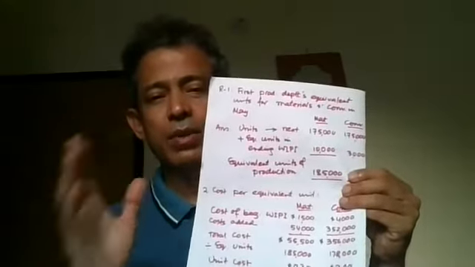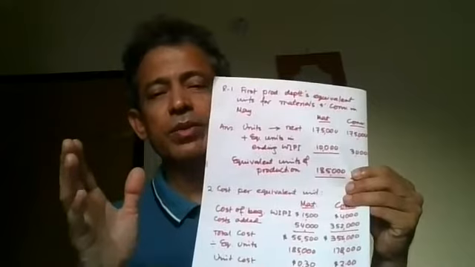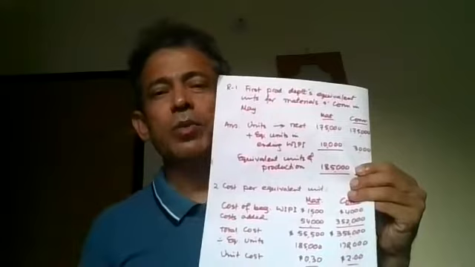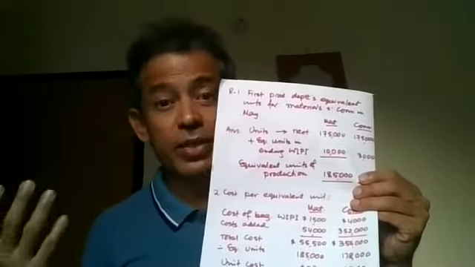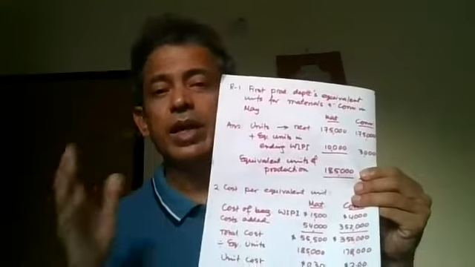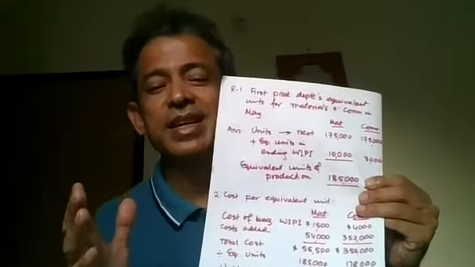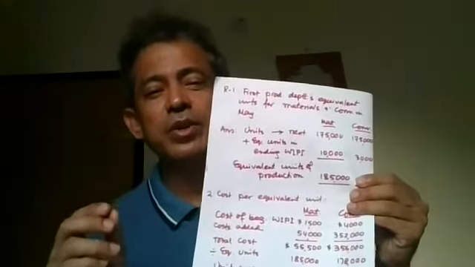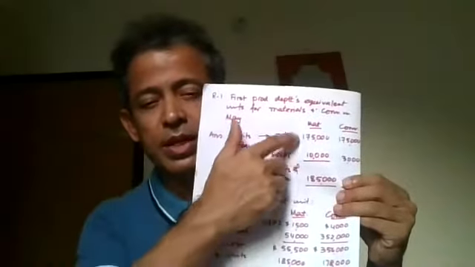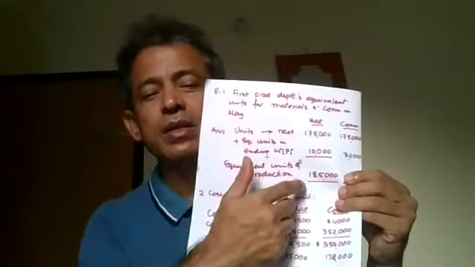That is definitely completed. Then look at your ending inventory: you have 10,000 units, and check whether these 10,000 are complete as well. As far as materials are concerned, these 10,000 are also complete. So 175 plus 10 makes it 185. That's the equivalent units as far as materials are concerned.